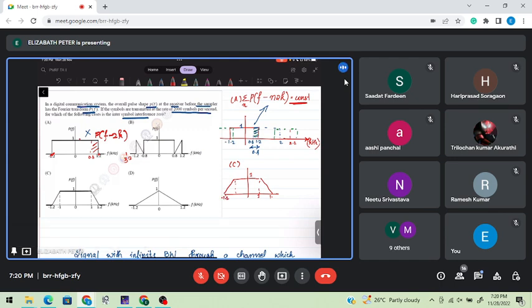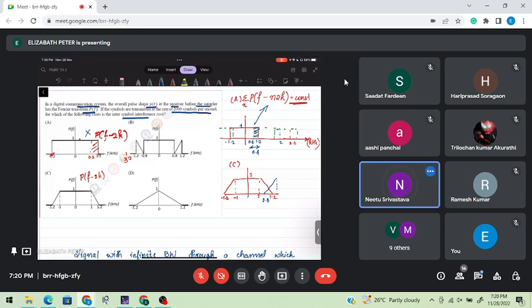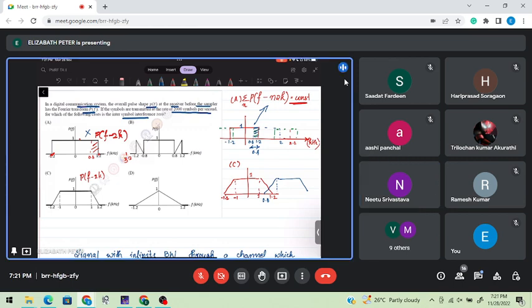Shift this signal P of f by 2k. What happens here is that this edge will come at point 0.8, and here also there is an overlap.